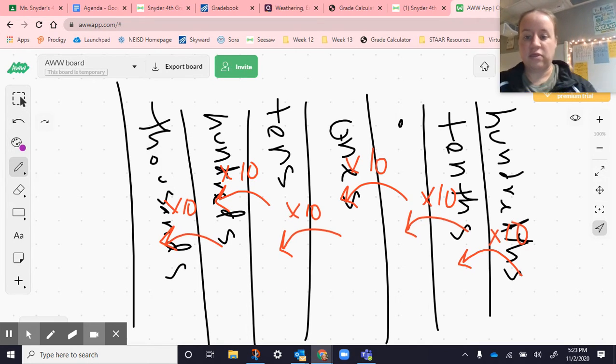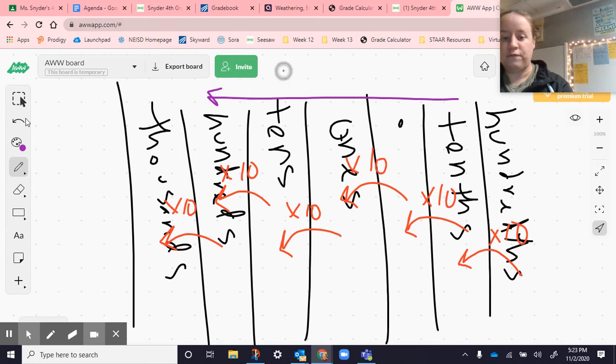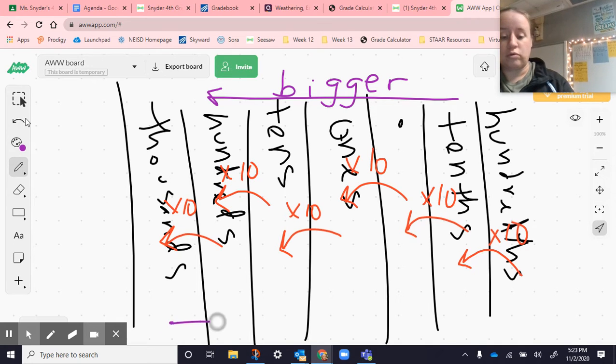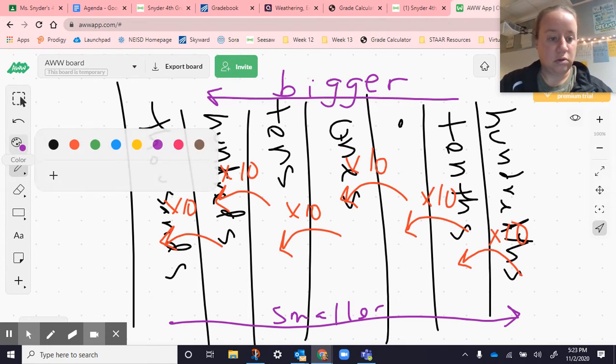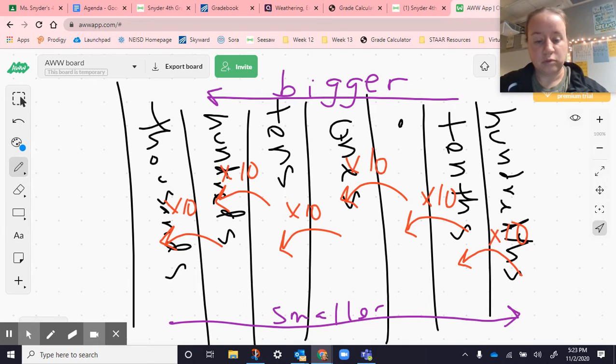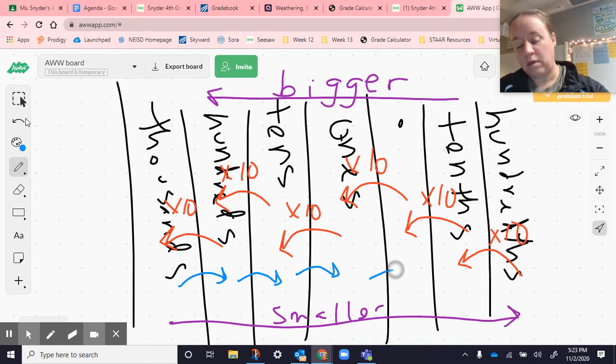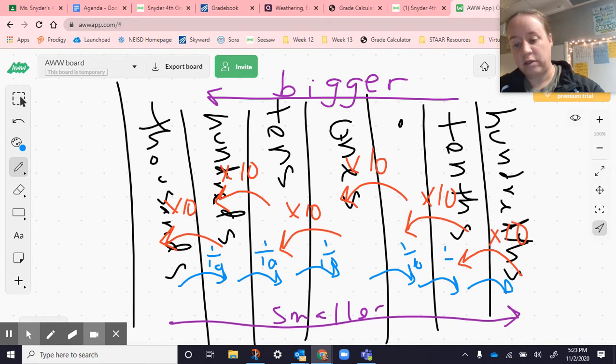As we move to the left, our values are getting bigger, and as we move to the right, our values are getting smaller. Every time we move to the right, this is 1/10 the value.